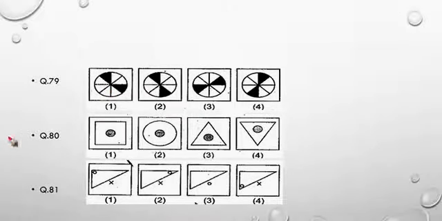Let's go to question number 80. In this question there are 4 options given. In the first option there is a square inside which there is one circle which is darkened. In option 2 there is a circle inside which there is another circle which is darkened. In the case of option 3 there is a triangle inside which there is a darkened circle.